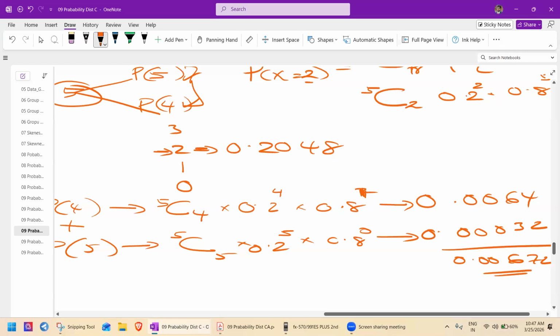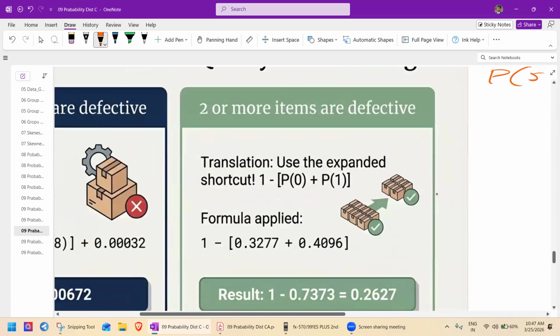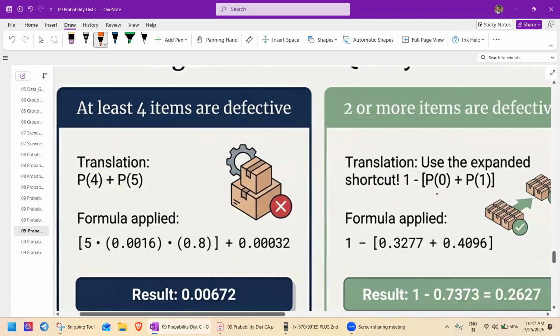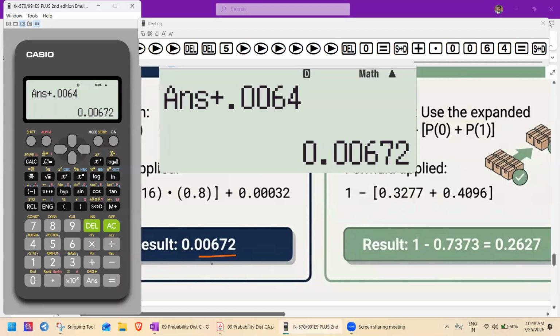So it will be the answer, right? Let's check the answer. That answer is 0.00672. So we get exactly the same answer.